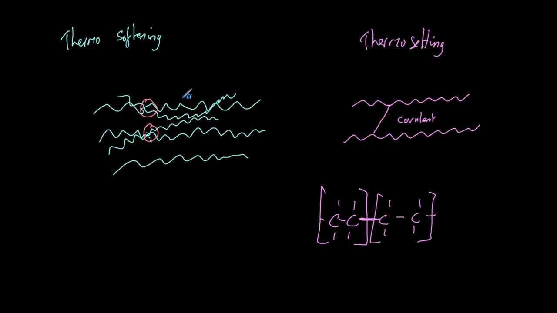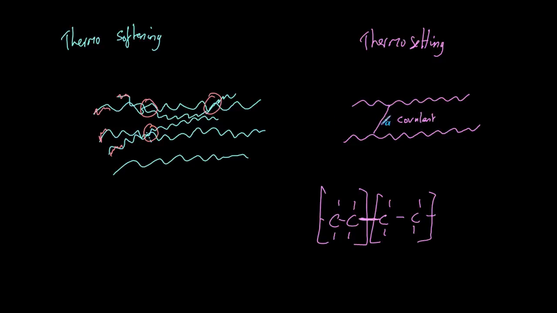And we've got tangles here, and we've got tangles here, but there's no covalent bonds between this molecule and this molecule. No covalent bonds between this molecule and this molecule. And that means when we melt them, all we do is separate this one from this one and this one from this one, and that's relatively easy because they're not covalently bound together.